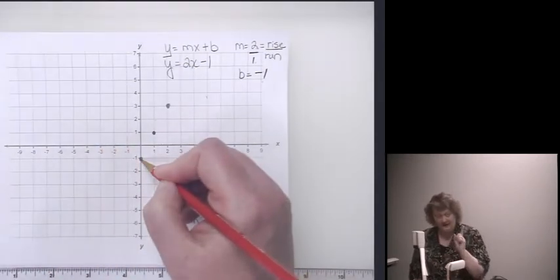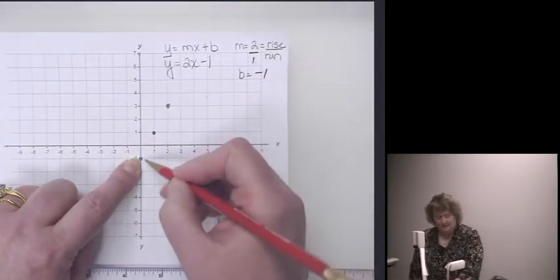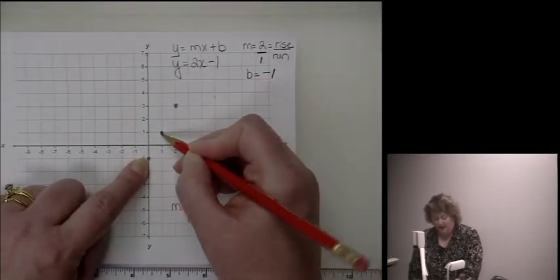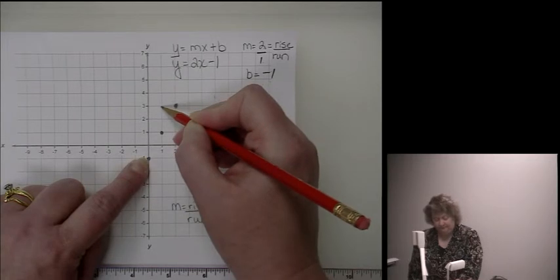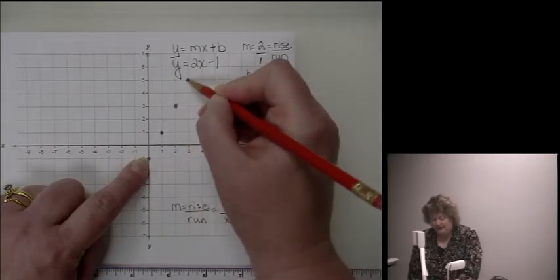I left my finger on the starting corner post. That corner post was at -1. Then I went up 2 for my rise over 1. Up 2 over 1. I can count that ratio until I run into my words up here.